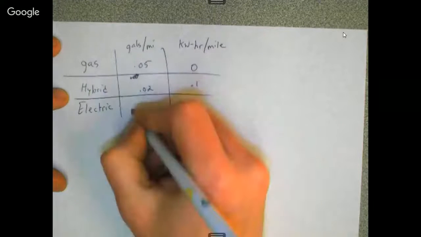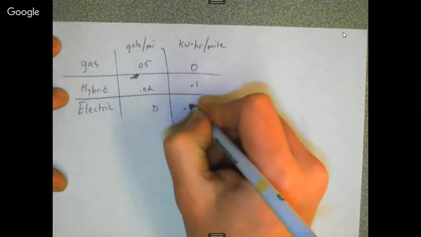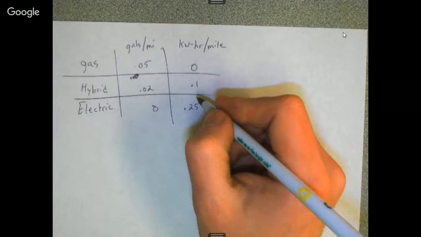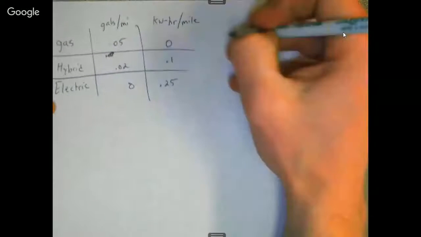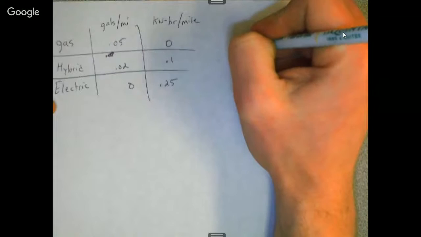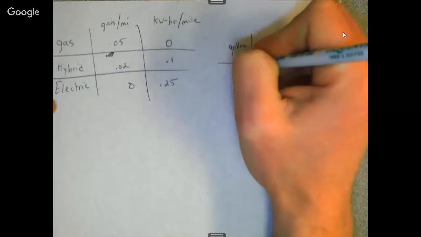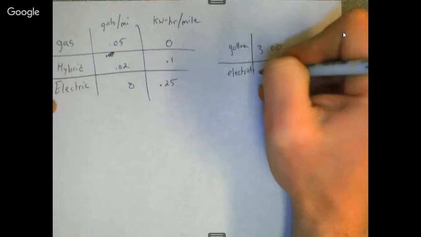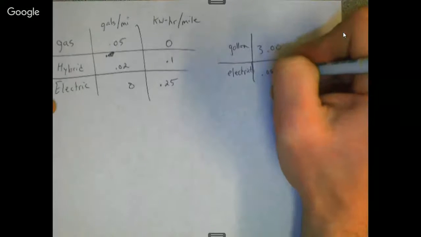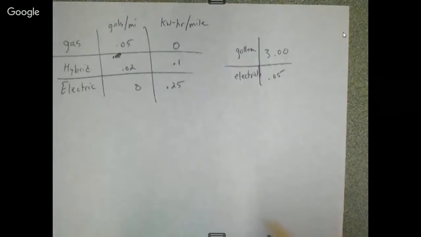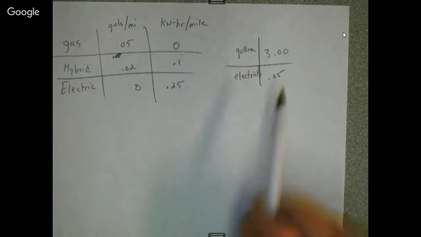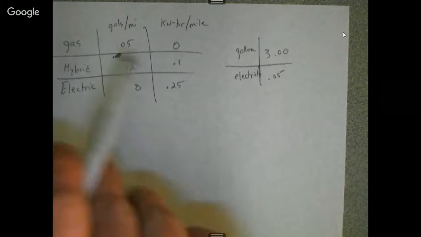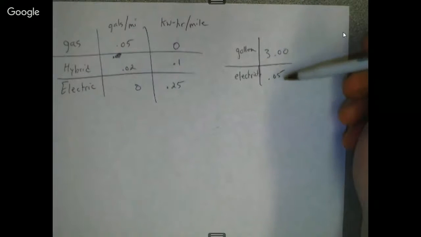And then kilowatt hours, so how much electricity. And then we have cost. So $3 for gas, and then 5 cents per kilowatt hour. So we can see which car is going to be most effective depending on these amounts right here.